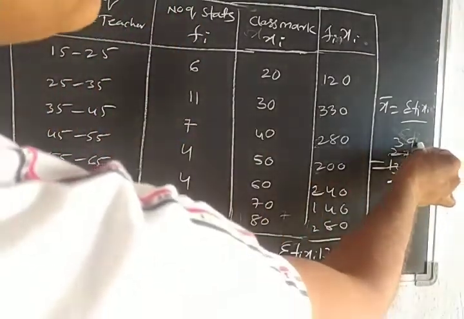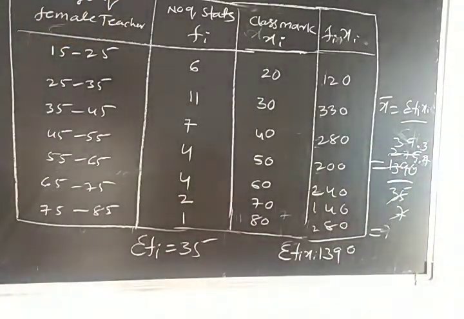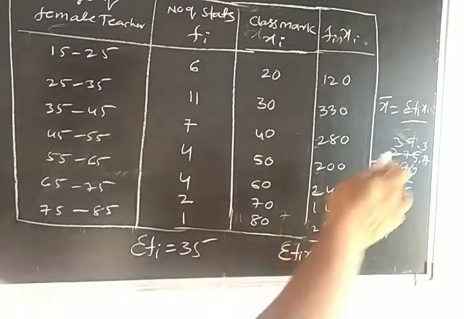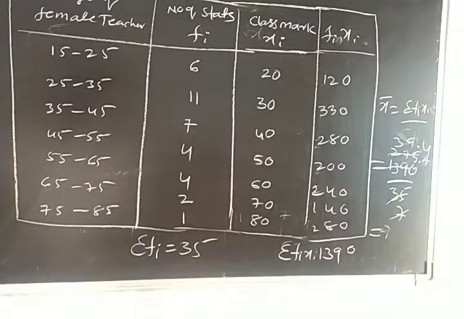So we get 39.7, 39.4. 39.4 is the mean of the given data.